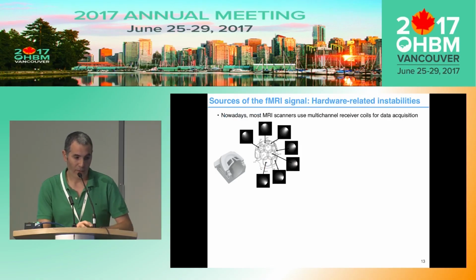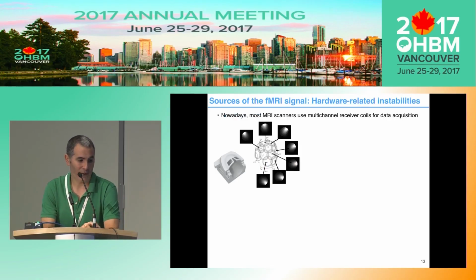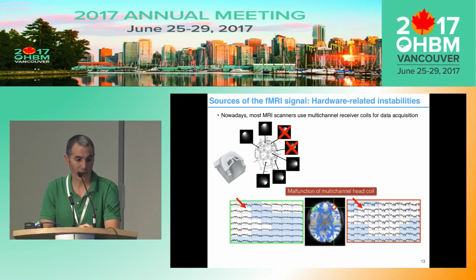Then you could also have hardware-related instability. Nowadays, most MRI scanners use multi-channel receiver coils for data acquisition. And then the signal from the different channels is combined in order to get our time series. But what if one or two channels are faulty or have a problem?